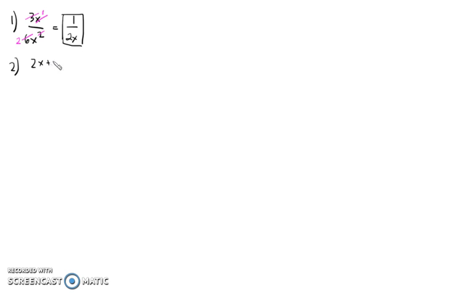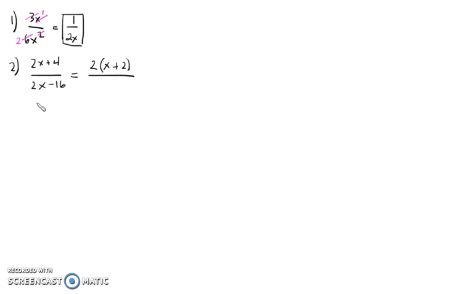Okay, so for number 2, we have 2x plus 4 all over 2x minus 16. So the first thing we need to do is to look for the GCF of the numerator and denominator. For the numerator, you have 2 as your GCF, then factor out, you have x plus 2.